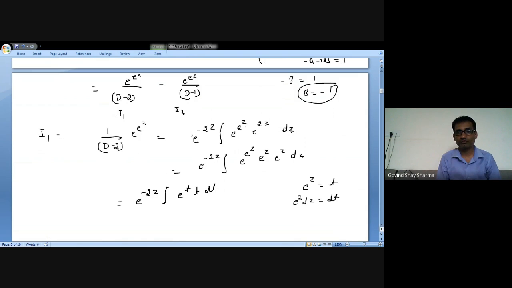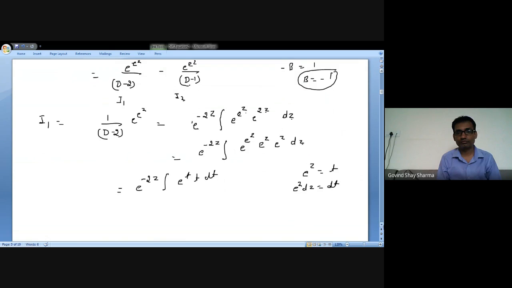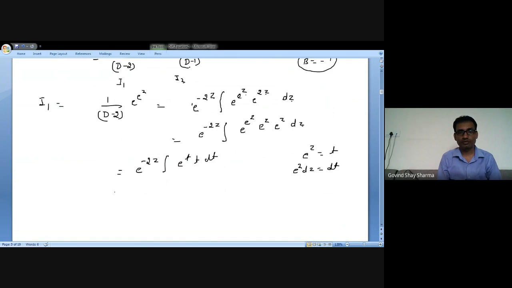Now the integration of this: t as it is, e to power t. Integrating t e to power t gives t e to power t minus e to power t.